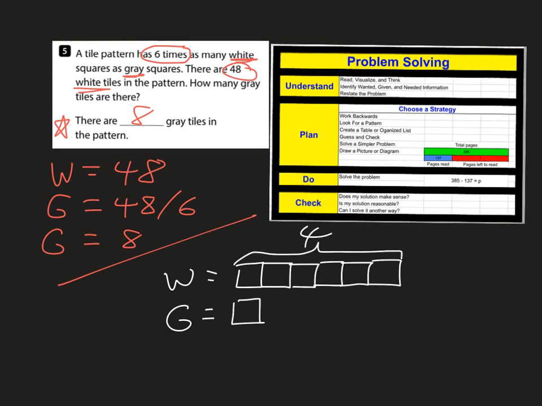So white tiles are 48, and they are 6 times more than our gray tiles. So we divide 48 by 6, which would be 8. 1, 2, 3, 4, 5, 6, which is a total of 6 times more than our gray tiles. So there are 8 gray tiles.